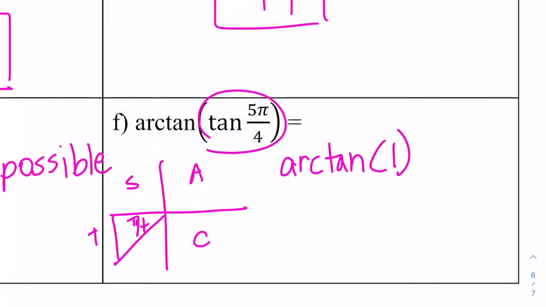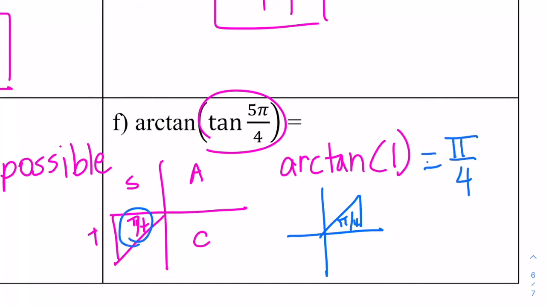Just be careful because the inverse tangent is restricted to the first and fourth quadrants. So it still has a reference angle pi over 4 that we saw over here. So this answer in the first quadrant will be positive pi over 4.